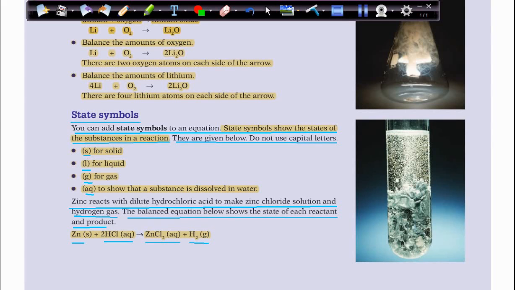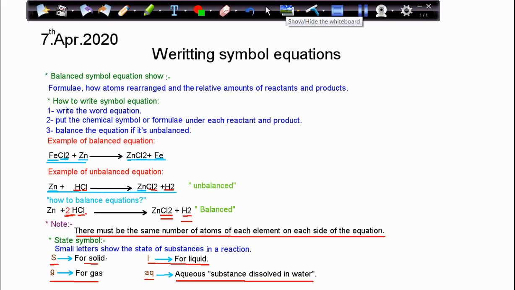Let's take a quick look over the summary of the lesson. So first we have to use symbol equations to make it easy to show the formula, the atoms rearrangement, and the relative amounts of reactants and products. How can we write the symbol equation? First we need to write the word equation, then we need to write the chemical symbols under each reactant and product.